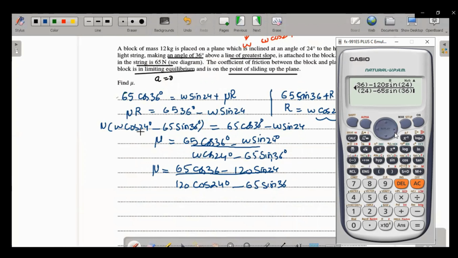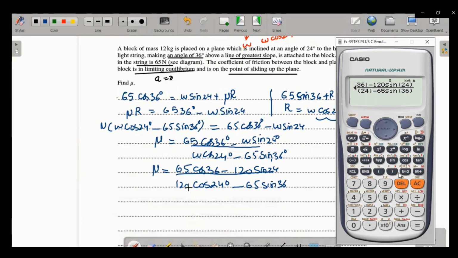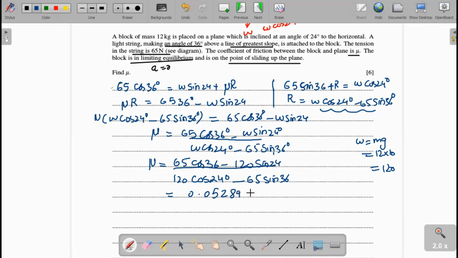Now we calculate it, and the answer is 0.05289. To three significant figures, that value is 0.0529. This is the coefficient of friction.